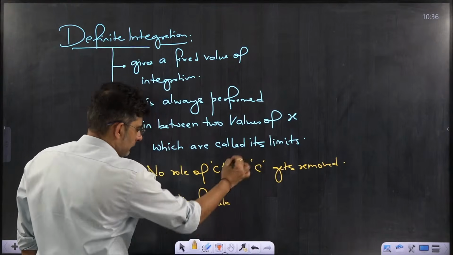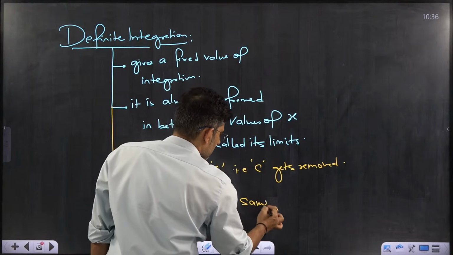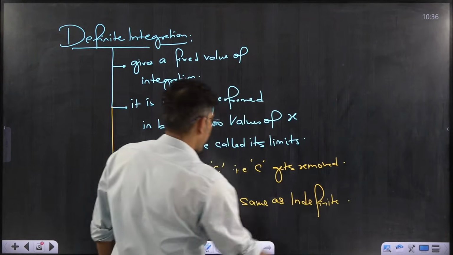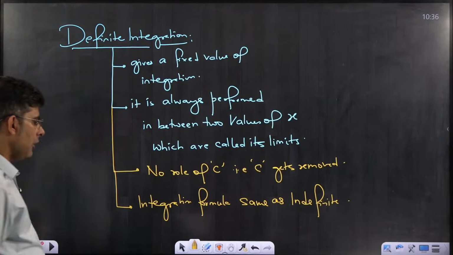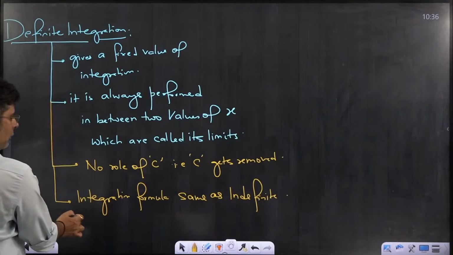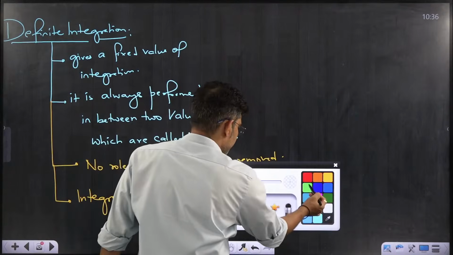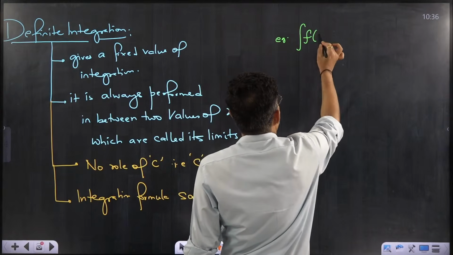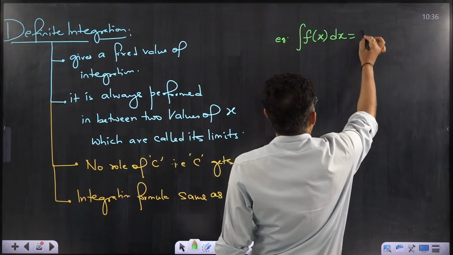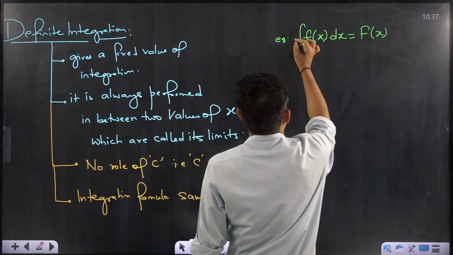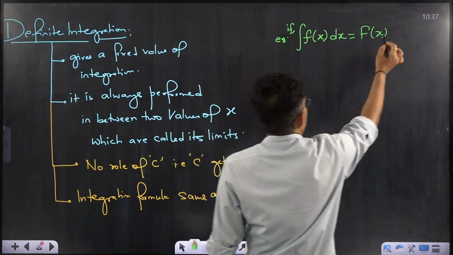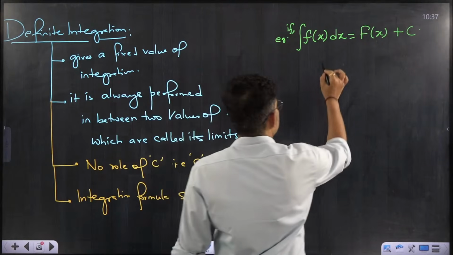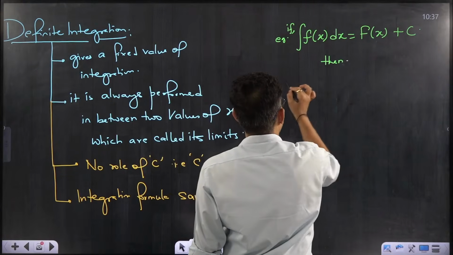The integration formula is the same as indefinite. Whatever you write there, the same formula you will write. So when we write an example, suppose we write like this, then that was indefinite.